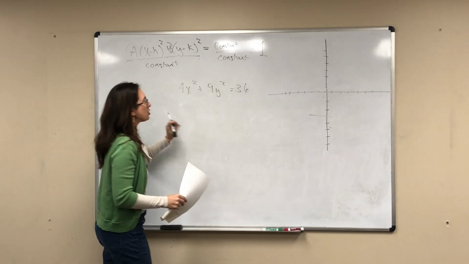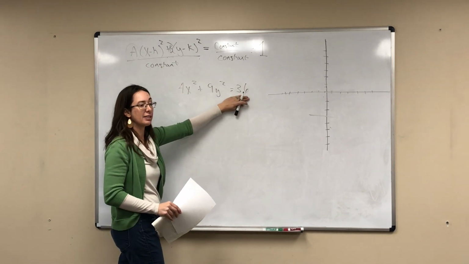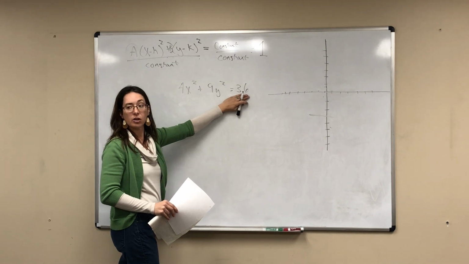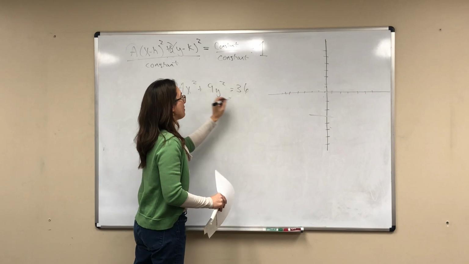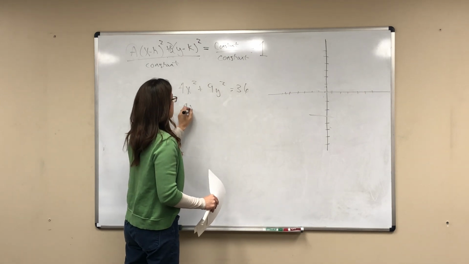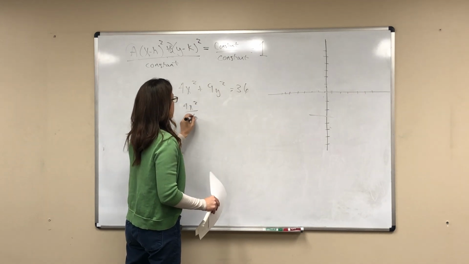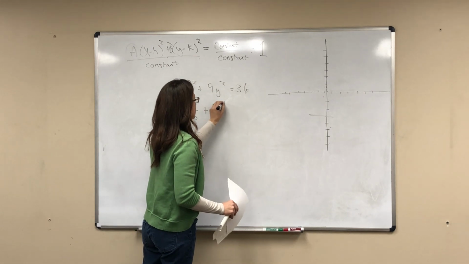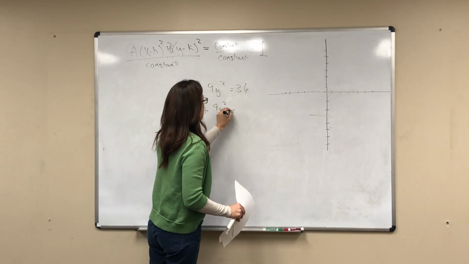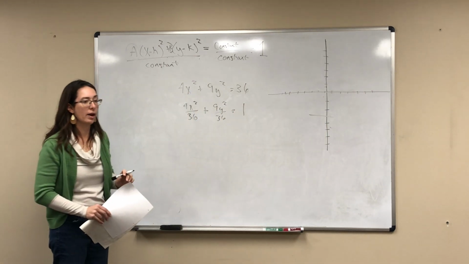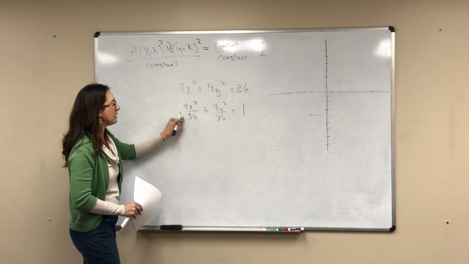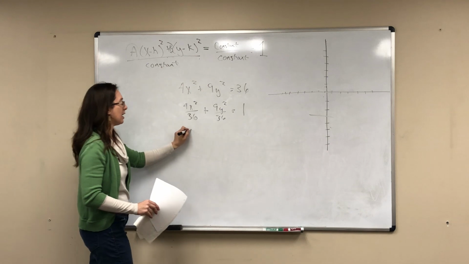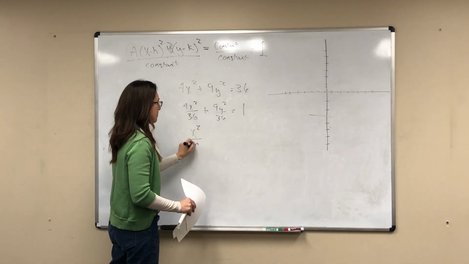So if it can't be a circle, the next problem is that we have a constant on our right side. We need to get rid of this constant. So we're going to divide everything by 36, so that I have 1 on that side. Okay. Now I don't want to leave this as 4 over 36. I want to reduce it.